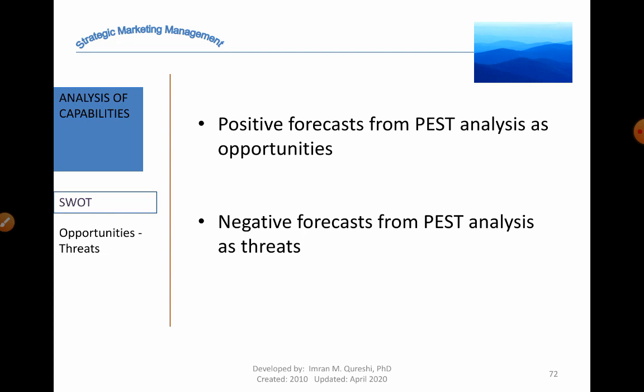On the other hand, if a scenario is forecasted to happen, and you've identified that in your PEST analysis in the political, economic, social, technological, or any of these areas, and because of that happening, potentially the strength of the company is going to reduce, or the weakness is going to increase, then that would be taken as a threat.